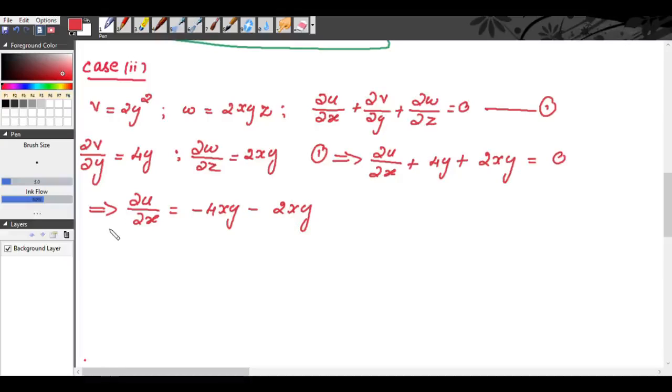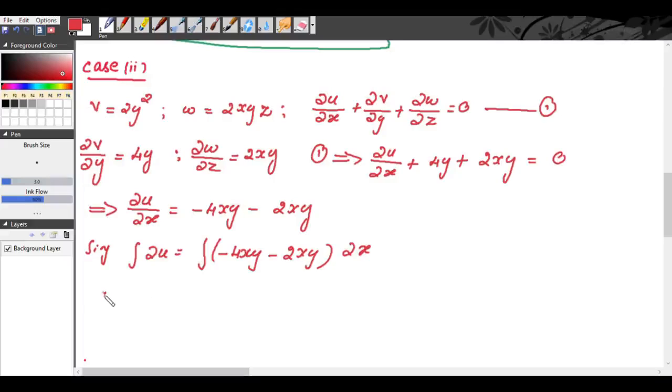So we will integrate this on both sides. On integrating, we get integration of dou u is equal to integration of minus 4y minus 2xy into dou x.